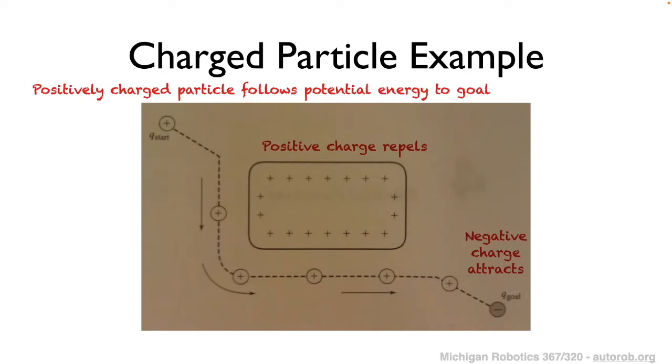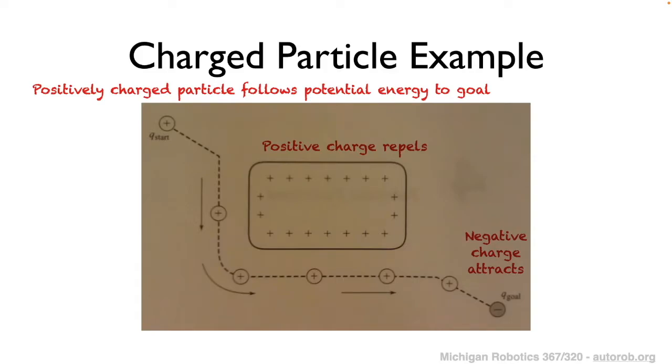And so we can think about this notion of attraction and repulsion as being inspirations for how we can define potential fields for our robots, such that we could design these potential fields to lead to smooth motion plans in a way that's easy to implement and understand.